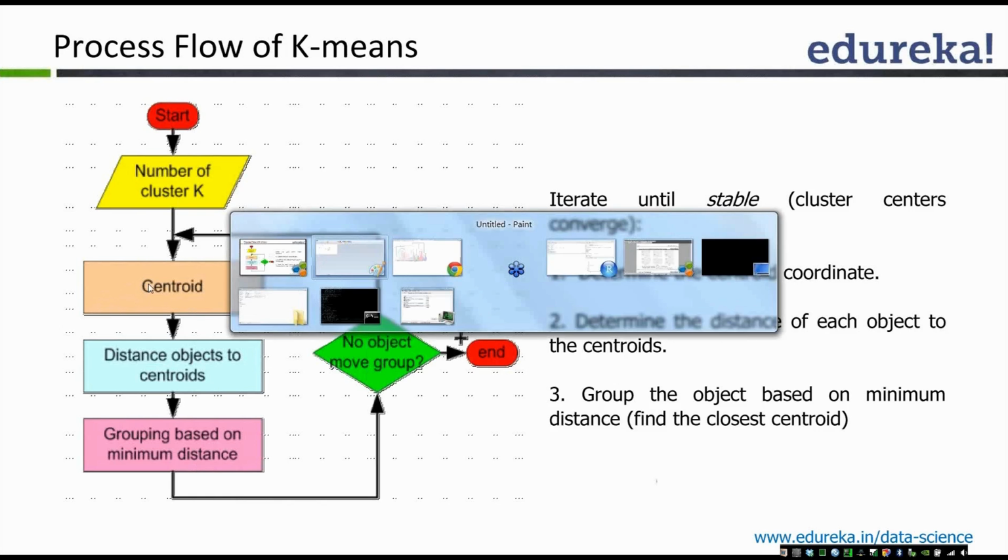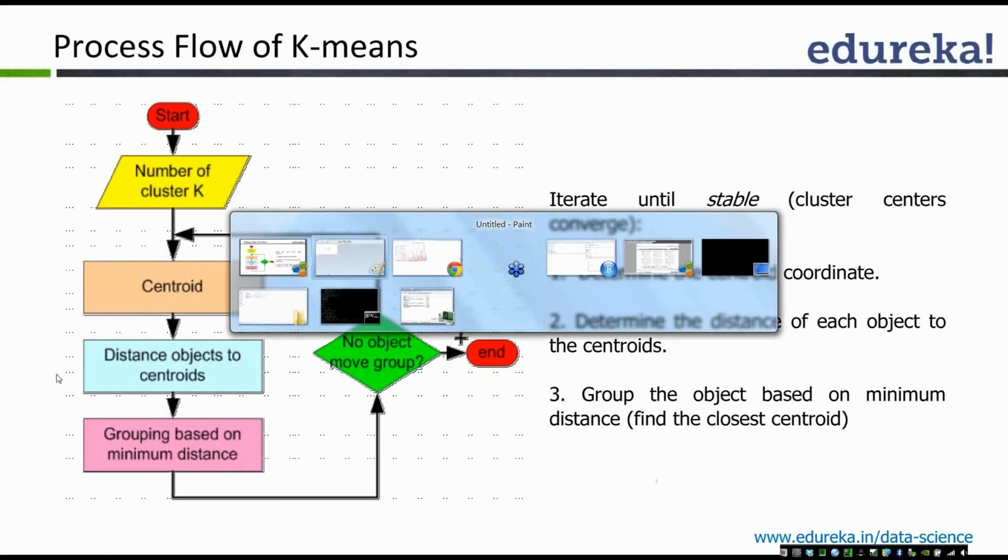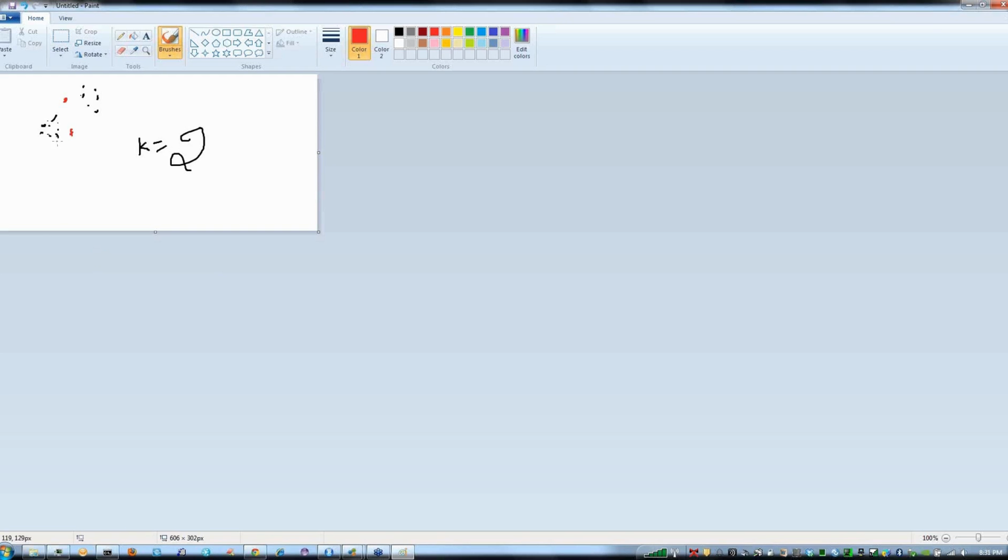Now once I select these two red points, I'm going to compute the distance between every data point and the centroids that we chose. I compute the distance between this black point and the two red points, and then I take another data point and compute the distance to both red points, and so on.